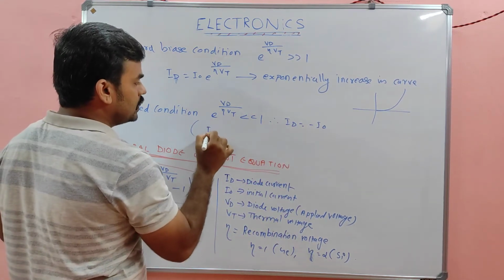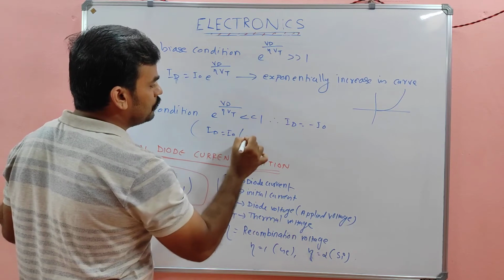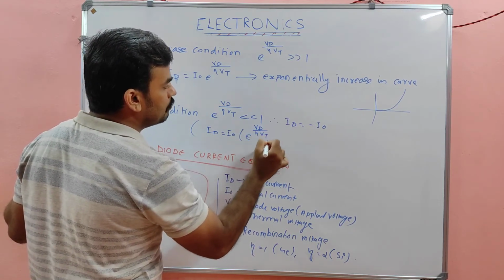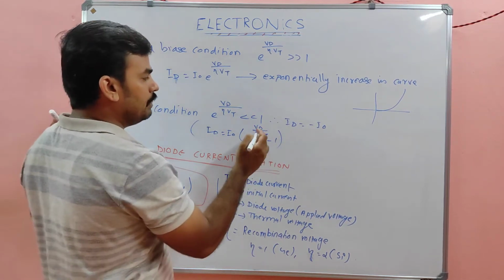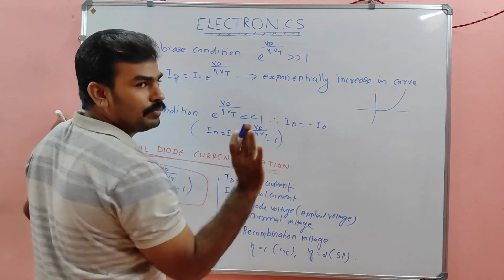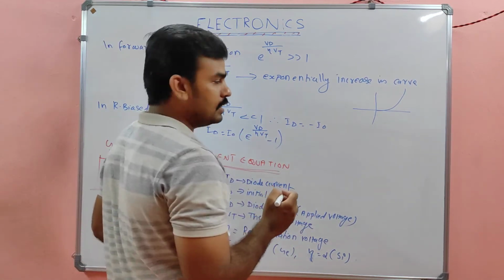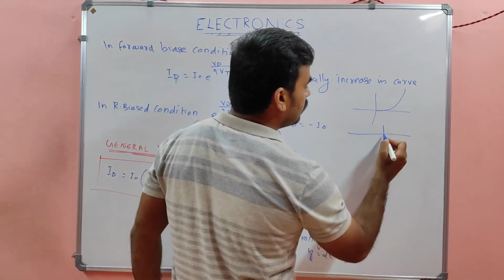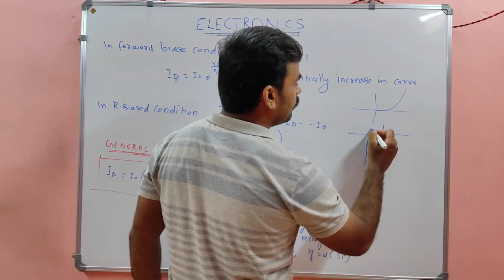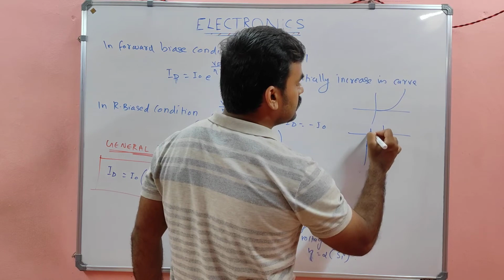ID is equal to I0 into e raised to Vd divided by eta Vt minus 1 is the general equation; if the exponential term does not exist, simply ID is equal to minus I0. That means the curve will look like this, and this value is minus I0.